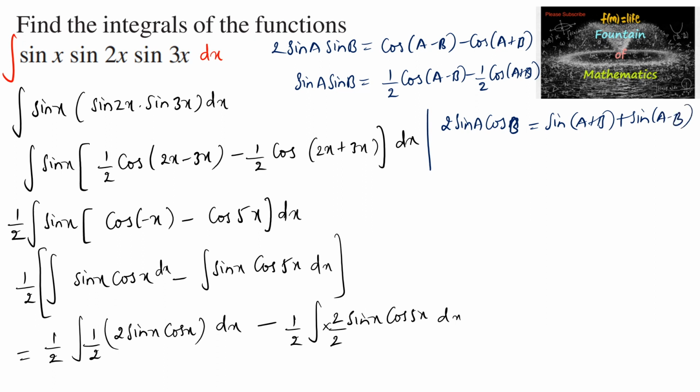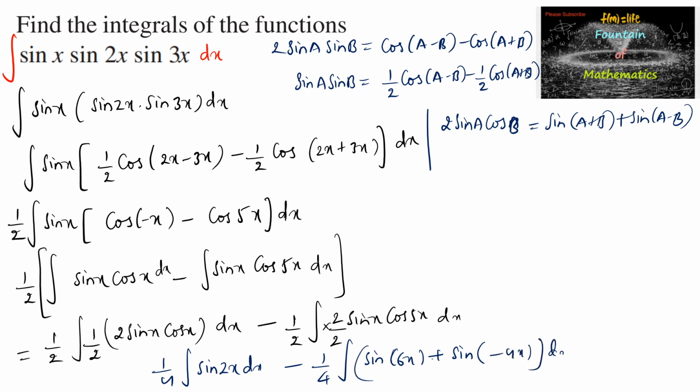So I can write here, so 1 by 4 times of integration, this is 2 sin x cos x is sin 2x, we can write integral of sin 2x dx, and here we can write 1 by 4 times of integral of 2 sin x cos 5x is sin of x plus 5x is 6x plus sin of x minus 5x is minus 4x dx.